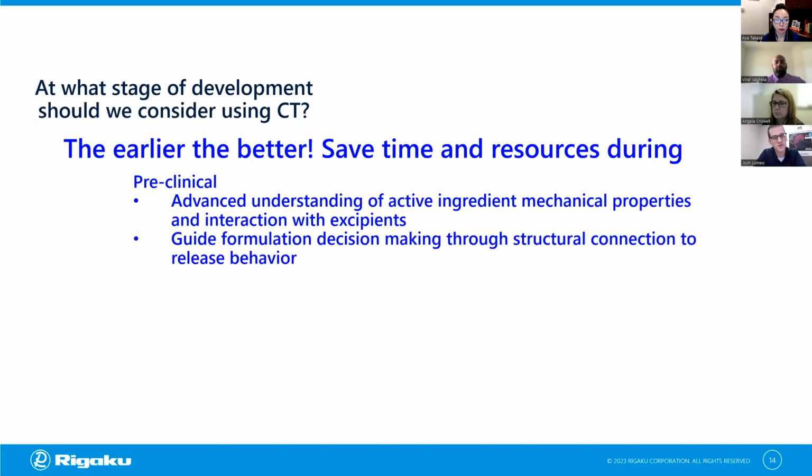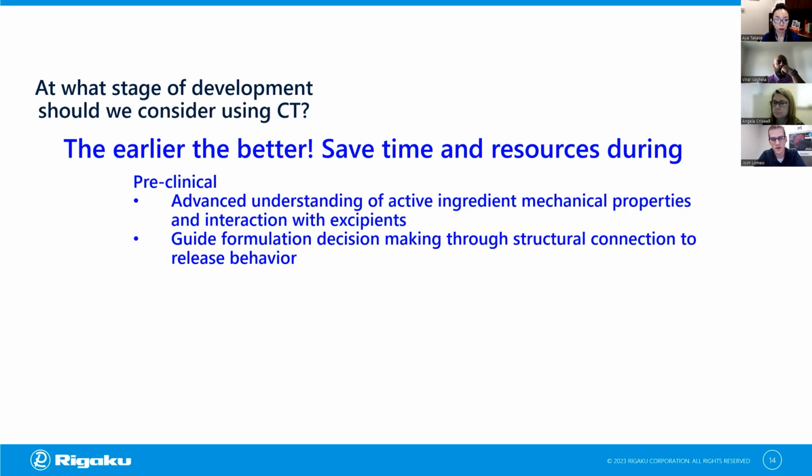A next step up from that is the formulation selection and decision making. Once we start to choose our formulation and our different ingredients and the amount of each, we want to connect those structures to release behavior and key in on the formulation that gives us the most optimal performance based on the intended use.